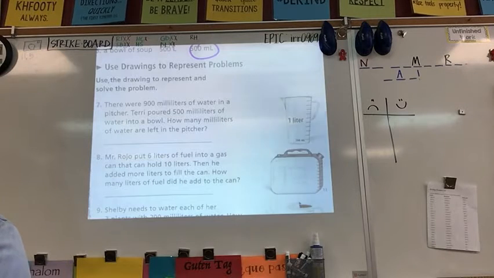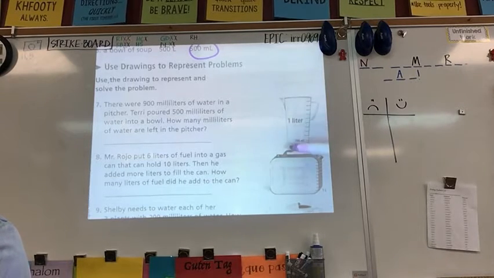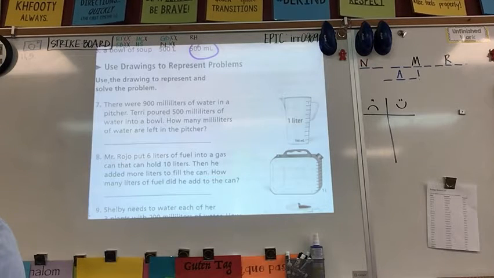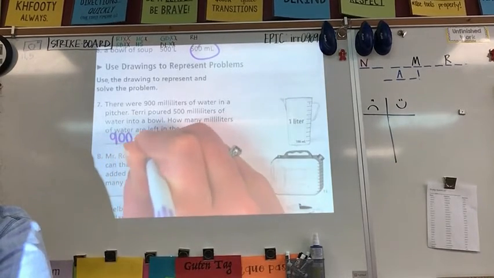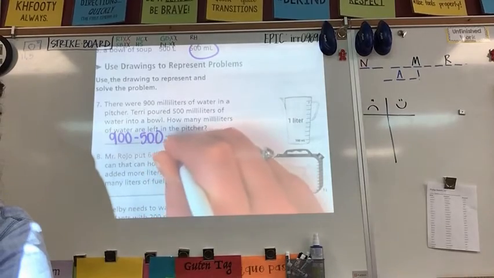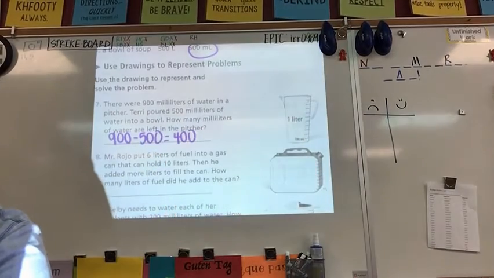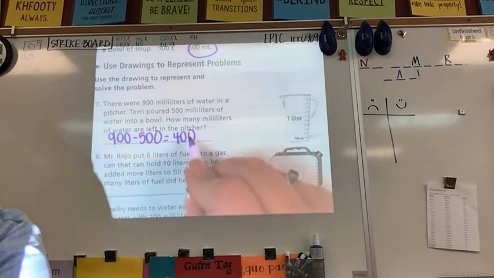If I'm starting with a full jug of 900 milliliters and I pour out 500, what would be a smart equation to represent what's happening? Emerson. 900 minus 500 equals 400 milliliters.